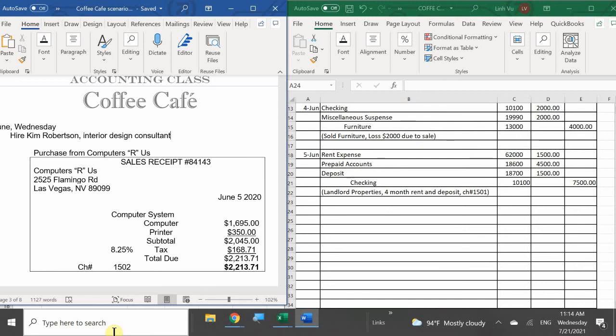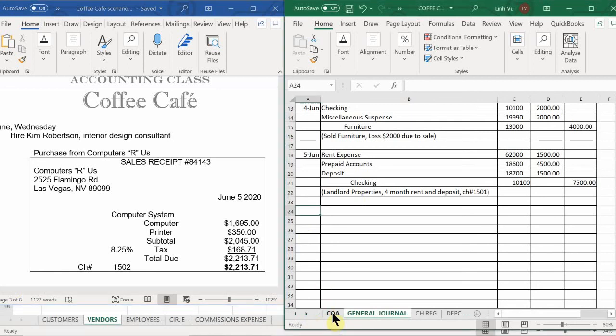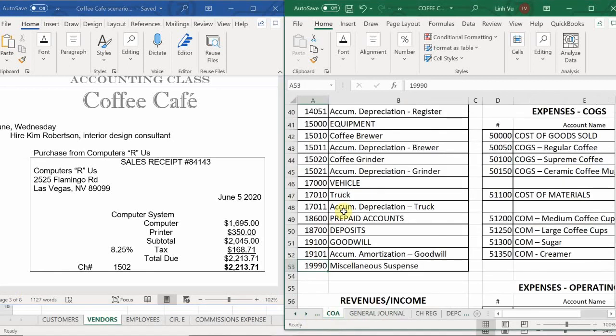Now that we have those details down and we understand that the tax is going to be included in the total cost of the item, let's dive right into our chart of accounts to recognize if we even have these accounts in our books. Do we have a computer account? Do we have a printer account?